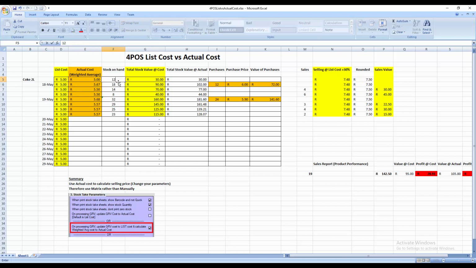Let's do that again. So it was 12, it became 5 Rand 50. If I had 6, it will now be 5.67. So it's calculated based on the weight, which is then the quantity.